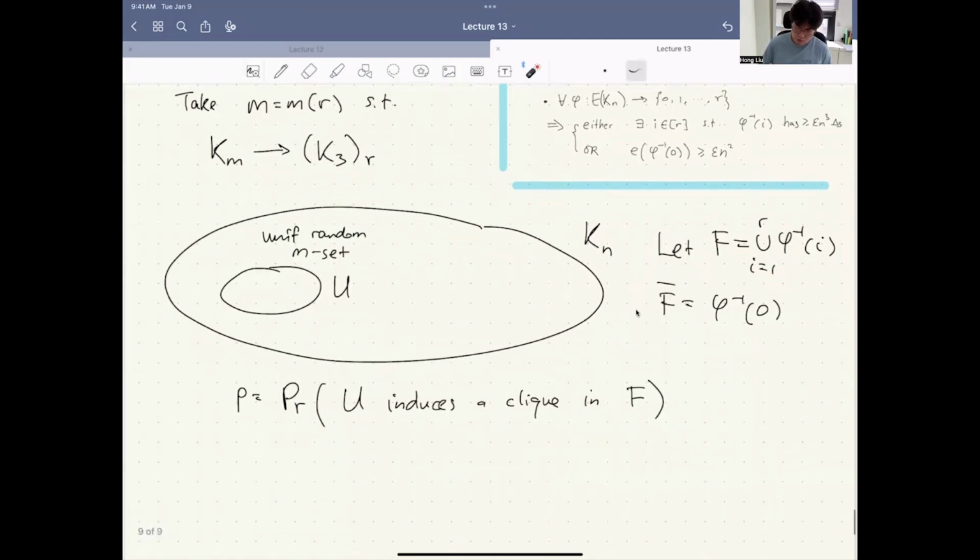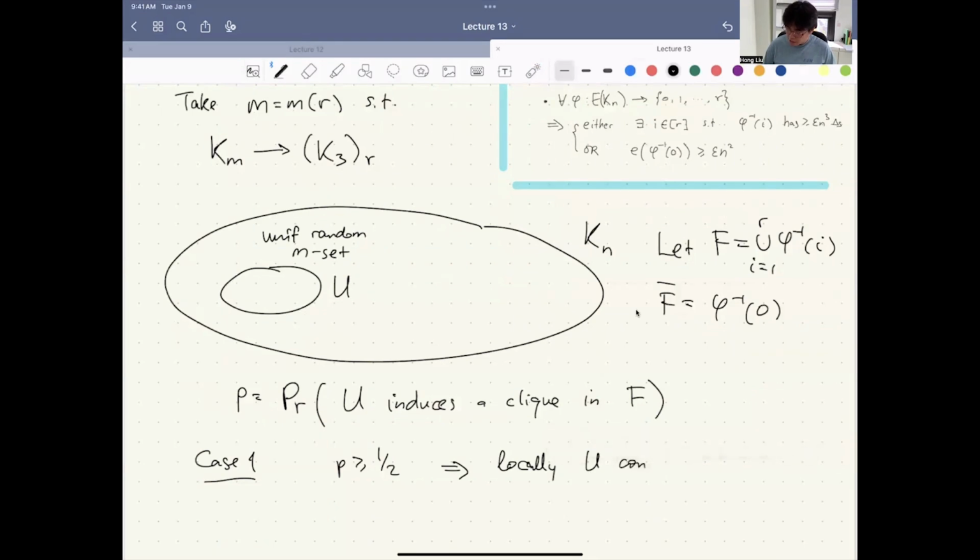Okay, case 1: if p is at least 1/2, then locally U contains a monochromatic triangle with probability at least 1/2.